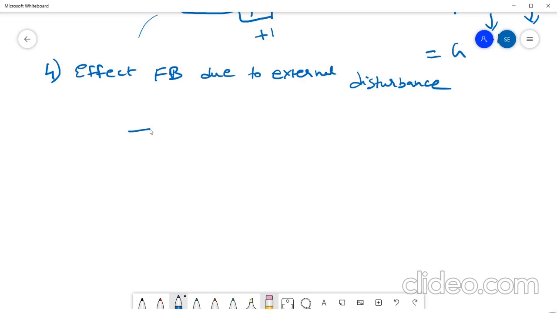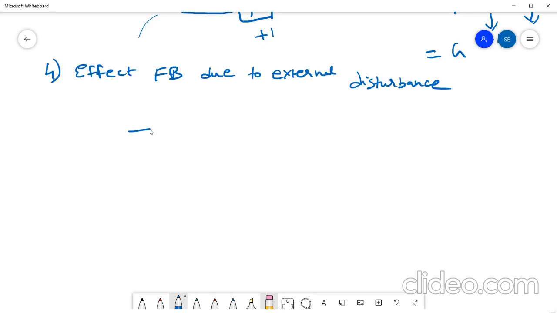So here I'll calculate E2, E1. I'll take the feedback gain as H, and it will be given here, right? So how can the feedback compensate an external disturbance to any process?